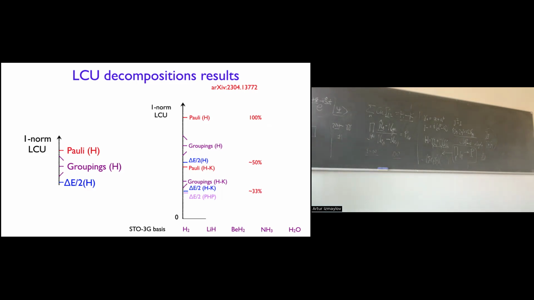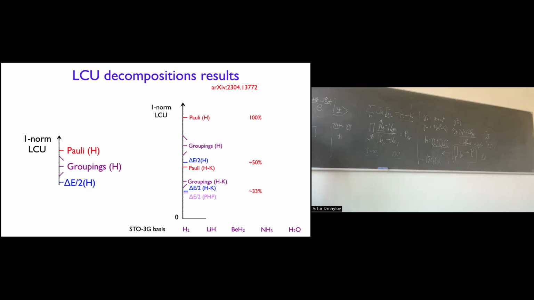If you do Pauli, but on H minus K, you actually can go lower than the absolute lowest without modifying the Hamiltonian, which is a big deal, because no matter how smart you are with the groupings, you will never be able to break this bottom unless you change the Hamiltonian. But changing the Hamiltonian with K allows you, even with the Pauli decomposition, to get below the previous limit.